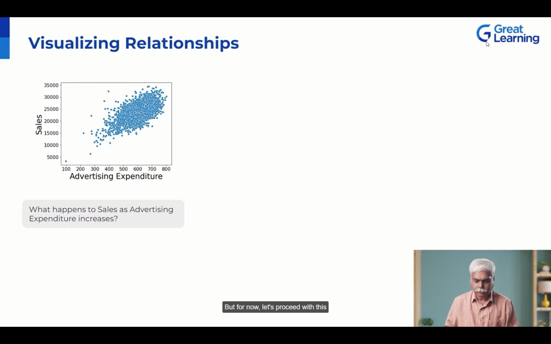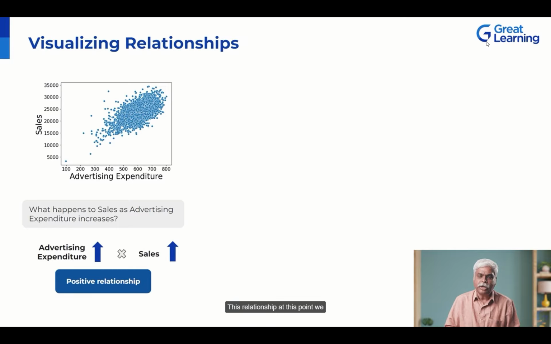But for now, let's proceed with this understanding that we are looking for this relationship and leveraging this fact that there is something relating sales to advertising. This relationship at this point we can say is increasing, or shall we say positive. I use the word positive very deliberately. We'll see what exactly is positive here.